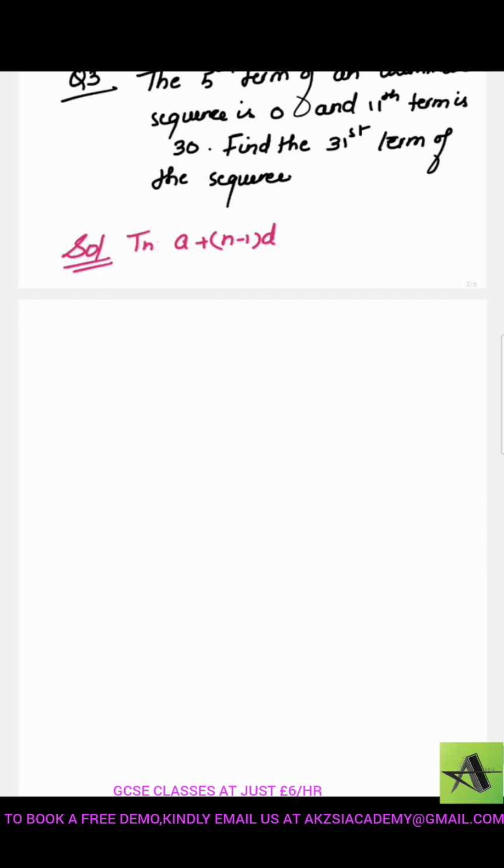We know when n is equal to 5, the value of the nth term is 0. So putting this in the formula, we'll get 0 is equal to a plus n minus 1, 5 minus 1, 4d. Now for the second one, it's given as n is equal to 11 and our 11th term is 30. So Tn is 30.